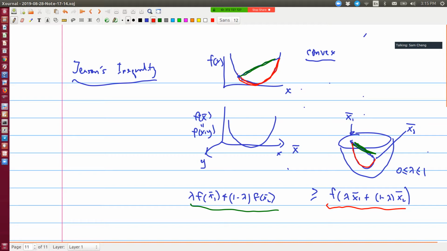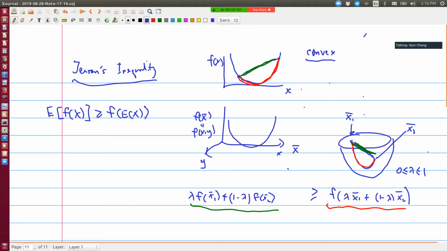So if f is convex, then I will have the Jensen inequality, which is basically just the expectation of f of x is bigger than or equal to f of the expectation of x.